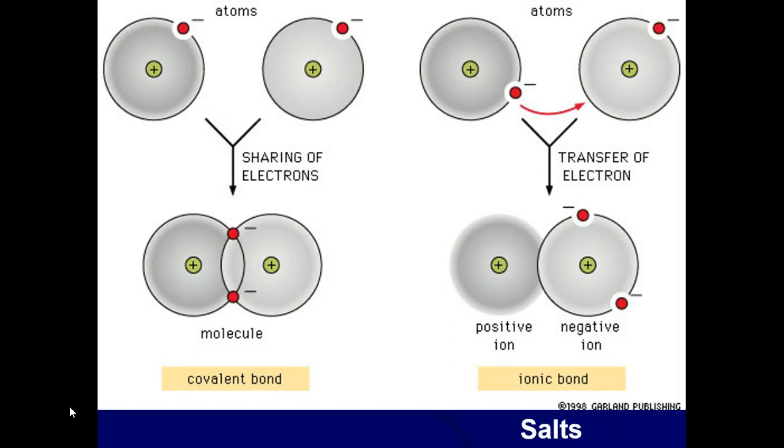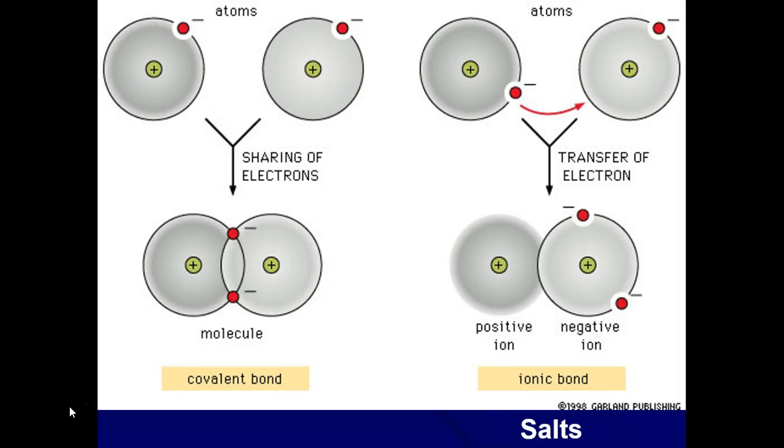Well, sometimes atoms of elements will lose an electron. Electrons have a negative charge. When you lose an electron, all of a sudden the electrical balance is off. The number of electrons doesn't equal the number of protons. And so you get an overall positive charge. We call that type a positive ion or a cation.